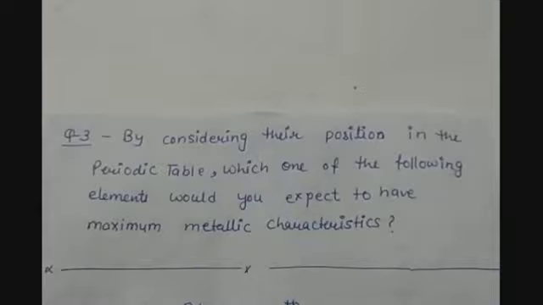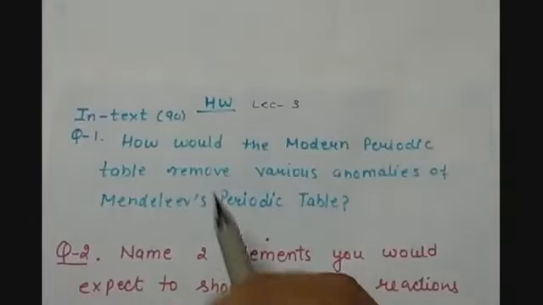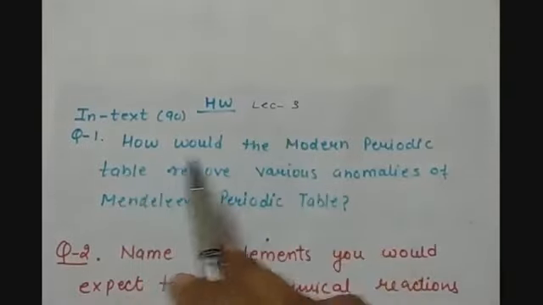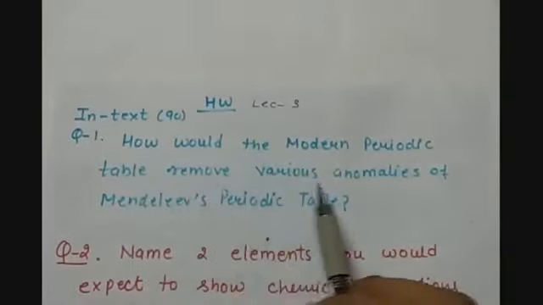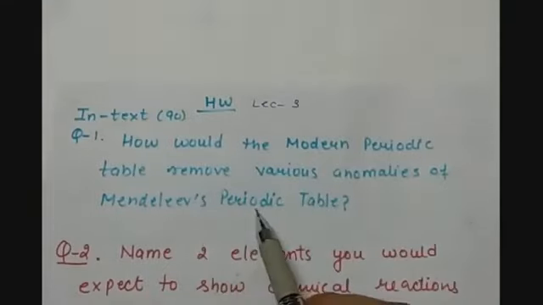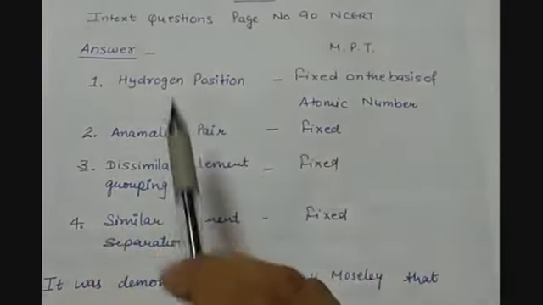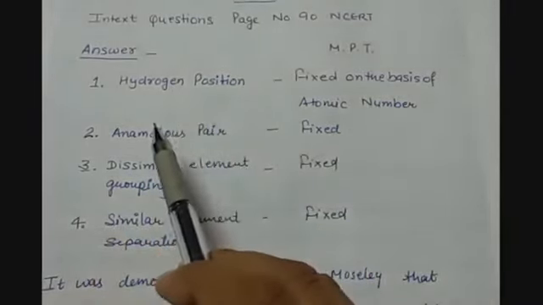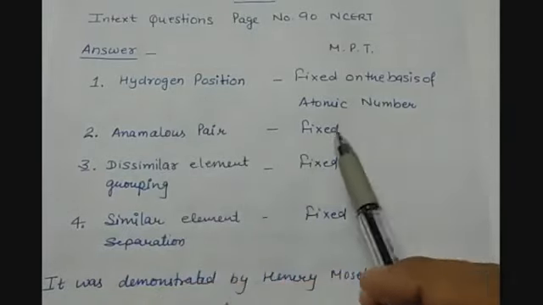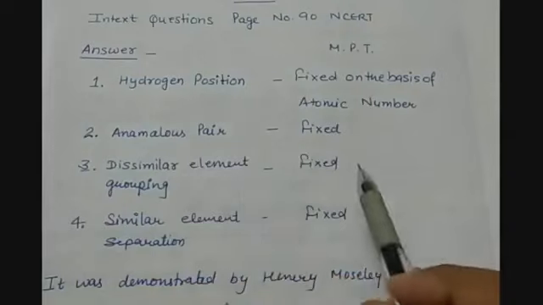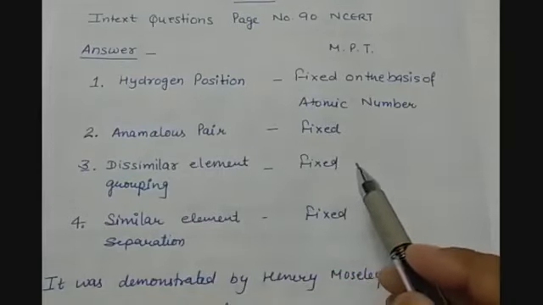Now let us see the lecture number 3 homework solutions. Question number 1 of lecture number 3 homework was how would the modern periodic table remove the various anomalies of Mendeleev's periodic table? And the answer is here we have the anomalies which were there in the Mendeleev's periodic table, and here we have the modern periodic table, whether this problem is sorted out in the modern periodic table or not.